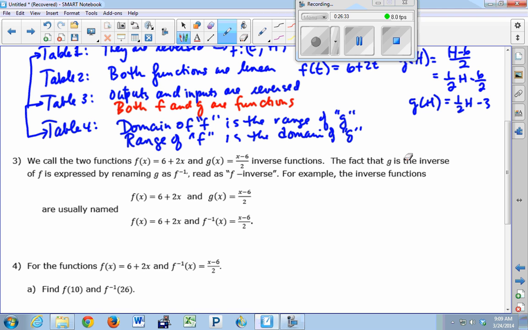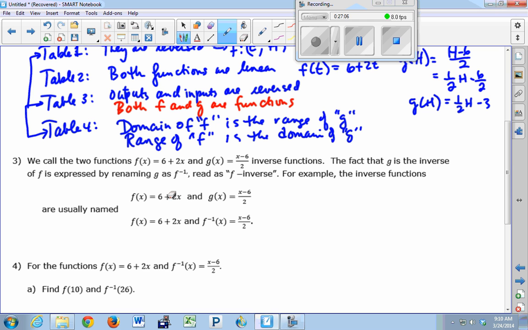The fact that g is the inverse of f is expressed by renaming g as f to the negative 1. We read f to the negative 1 as f's inverse. It's the inverse function of f. So, for example, instead of now saying f of x is 6 plus 2x and g of x is (x minus 6) over 2, now notice I'm just using our normal notation of x. We're not talking about heights and domains, h's and t's.